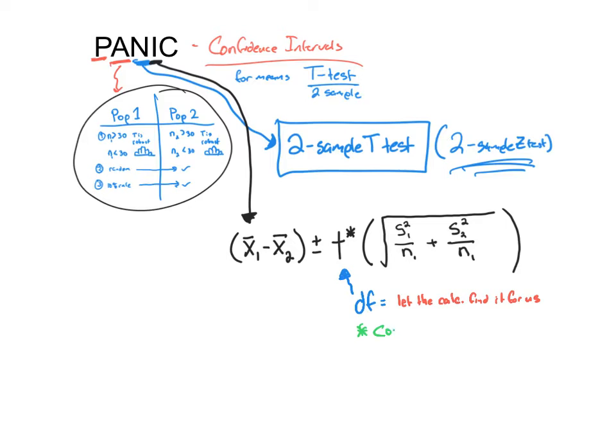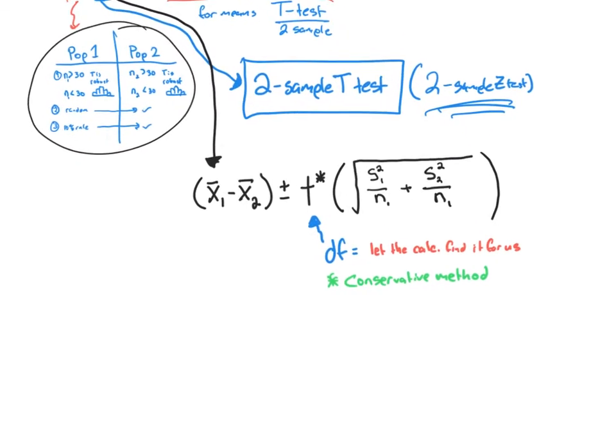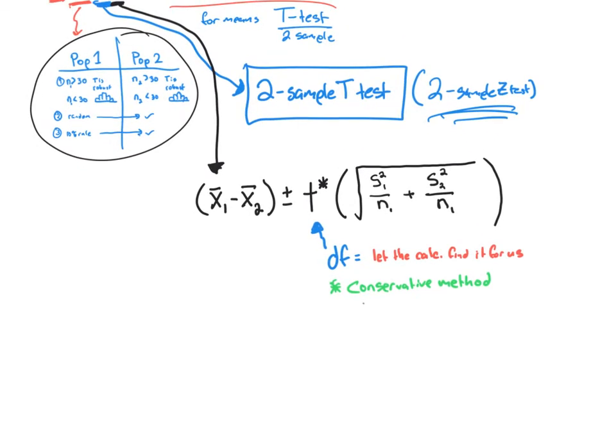We have what we call the conservative method. And it is very conservative. But what you're going to do is take the smaller of the two samples and use its degree of freedom.